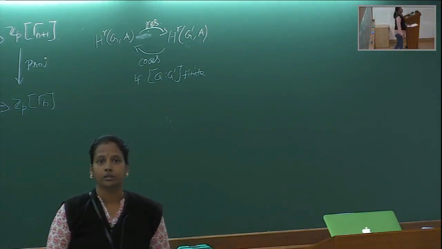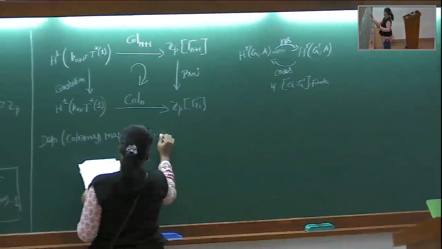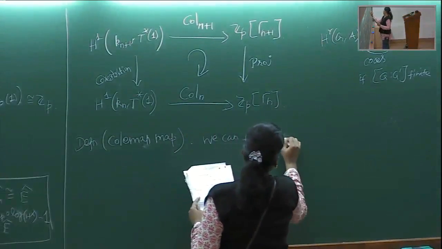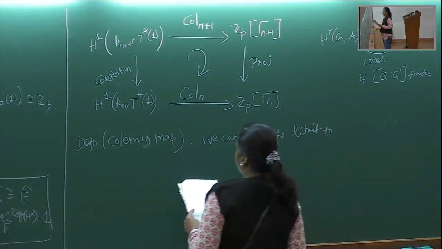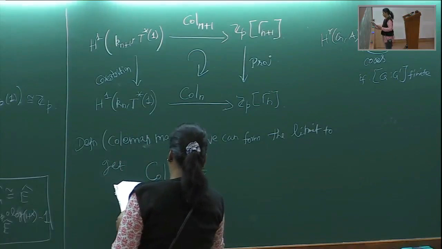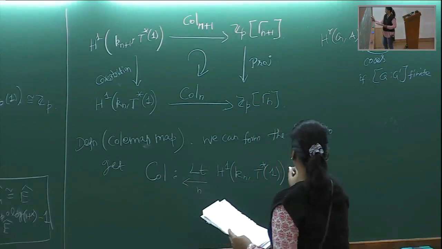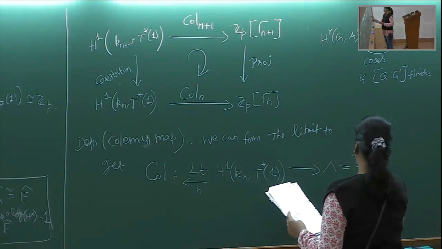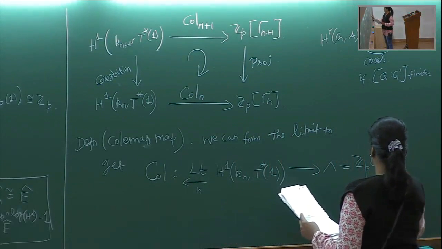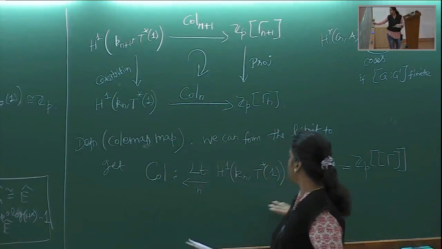When you take the projective limit, that is the Coleman map. Because of this commutative diagram, you get a map here.